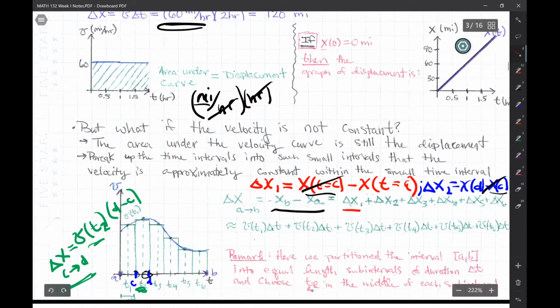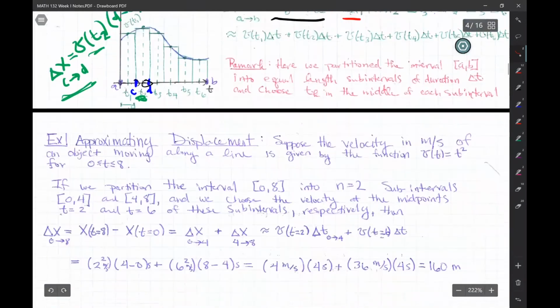And we also chose special times to evaluate the velocity, the midpoints. But we didn't really have to do that. We could have also chosen, instead of t2, C or D or anywhere in between. But just for this example, we chose the midpoints, and we chose to partition our time intervals into equal length time intervals.